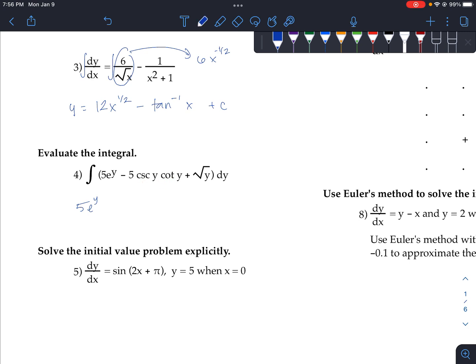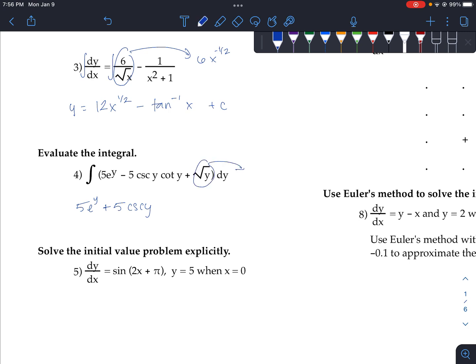That looks like it's a result of the derivative of 5 cosecant y, I believe. That should probably be positive, though, because the derivative of cosecant is negative. So it starts positive, but then it would have to become negative.